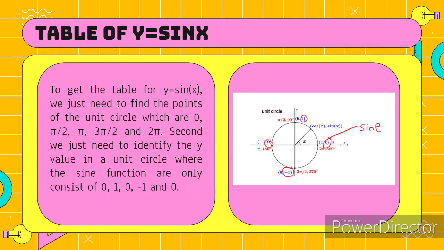For the table for y equals sin x, we just need to find the points of a unit circle which are 0, pi over 2, pi, 3 pi over 2, and 2 pi. Second, we just need to identify the y value in a unit circle where the sine function only consists of 0, 1, 0, negative 1, and 0.